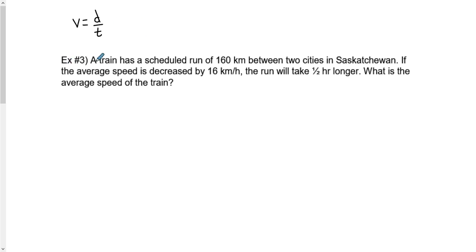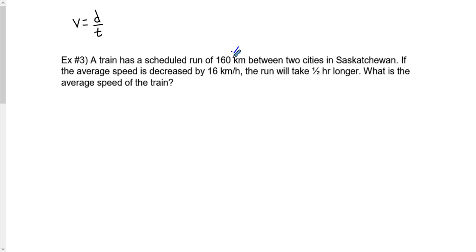So example 3 is a train has a scheduled run of 160 kilometers between two cities in Saskatchewan. If the average speed is decreased by 16 kilometers per hour, the run will take a half hour longer. What is the average speed of the train? So what we need to do is find a speed. But we are given a whole bunch of different things.